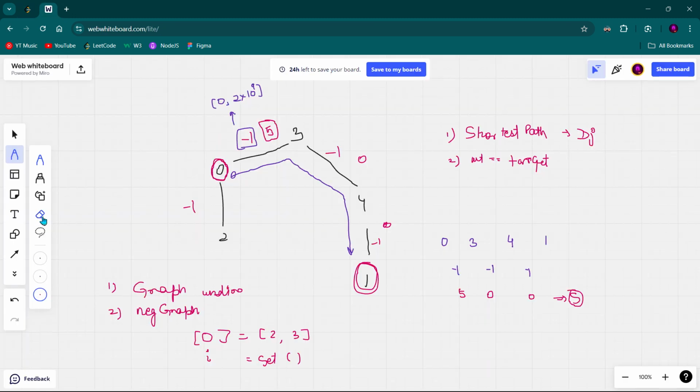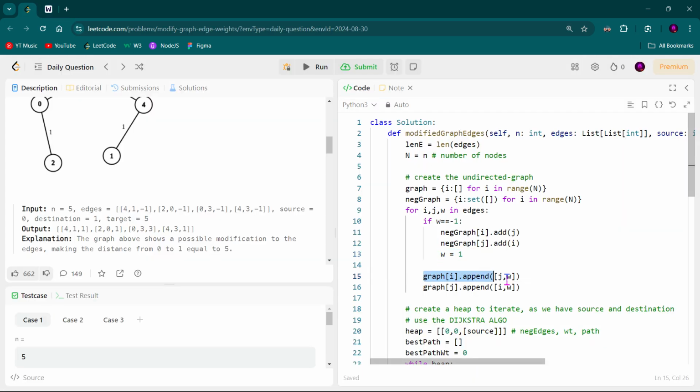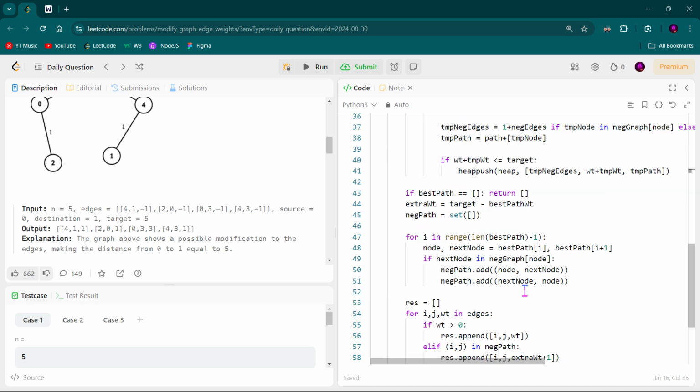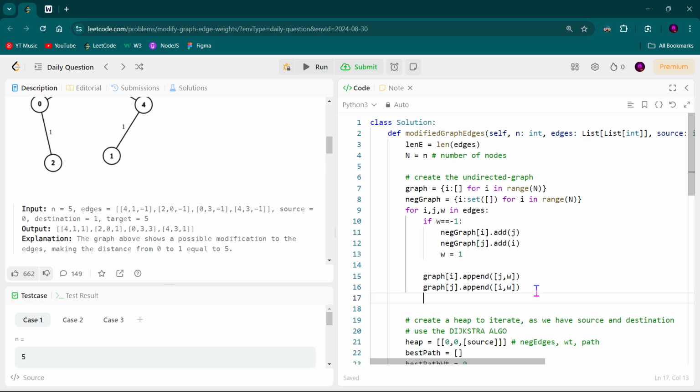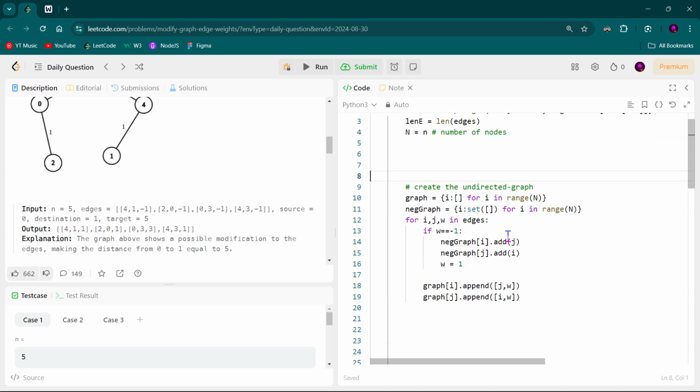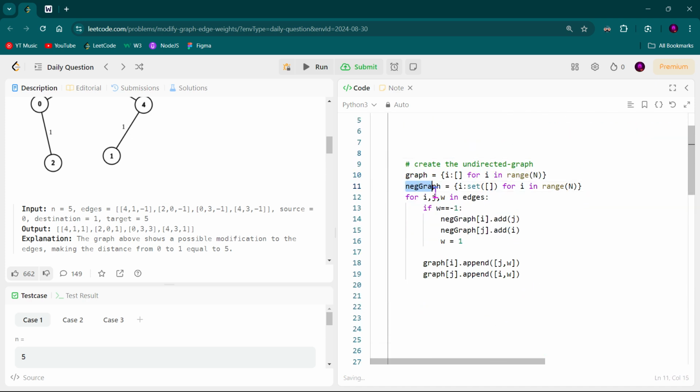Why, I'll tell you later. Means if I'm adding 0, 2 in the negative graph, then I am making the graph weight 1. And then I am adding this in the graph. Or should I just code it for you? Okay, not a problem. So we created a graph with a negative graph set.